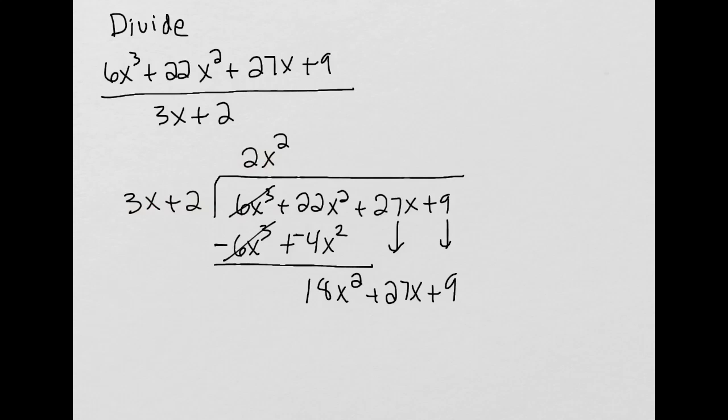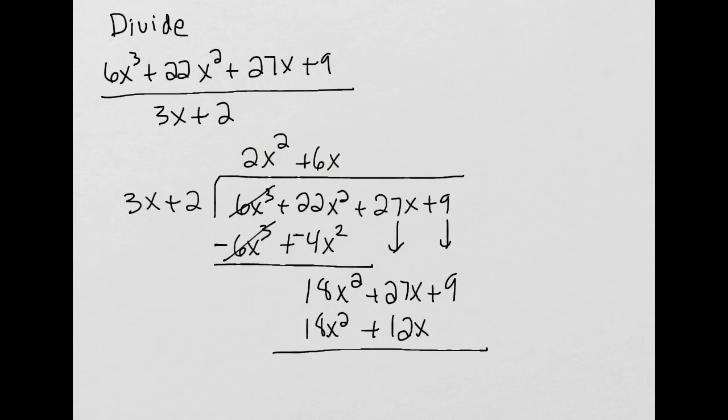And now we begin another division cycle. So compare first outside to first inside term. 3x times what gives me 18x squared? Well, in this case, it'll be 6x. So I want to take this guy and multiply him by both terms in my divisor. 6x times 3x is 18x squared. 6x times 2 is 12x.